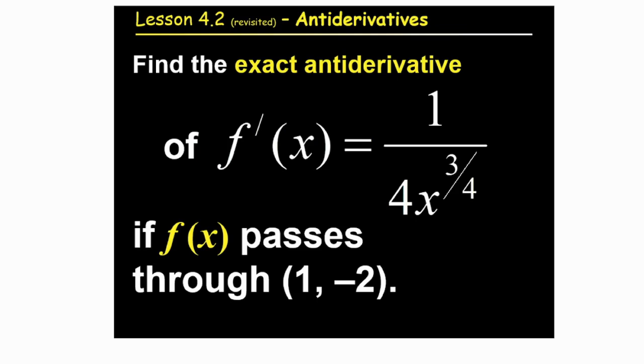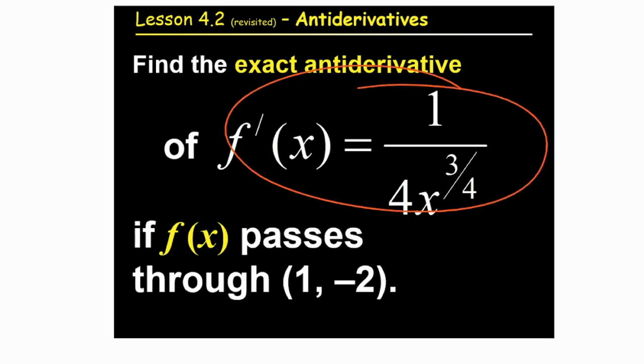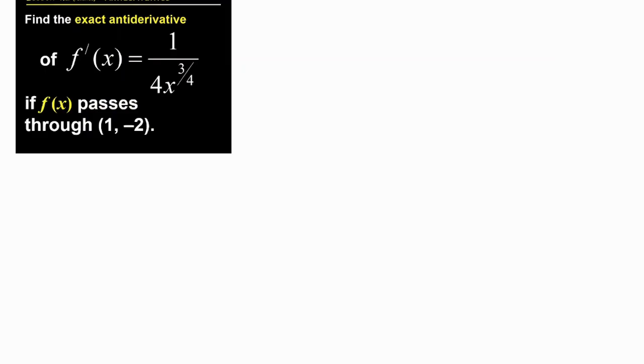As you can probably see here, the x to the 3/4 that's in the denominator, we're going to be able to think of that 3/4 as a negative exponent. But we'll worry about that in a second. I just want you to notice that there's something else going on here. I'm giving you an exact point. Well, that exact point is how we're going to find the exact antiderivative. Ready to find out how?